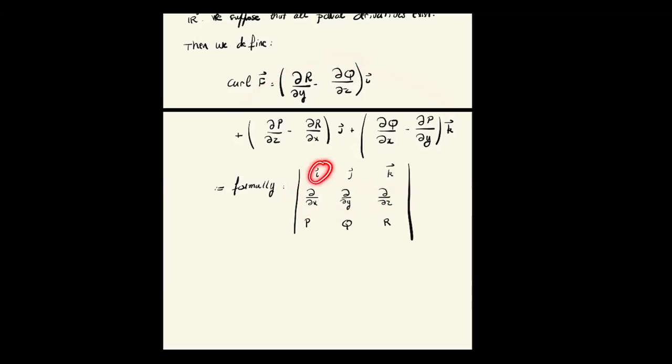Say, for example, you take i, and then you take del y of R minus del z of Q. Now we take minus, then dx dR dz dP, but it's minus, so it gives you this. Okay?